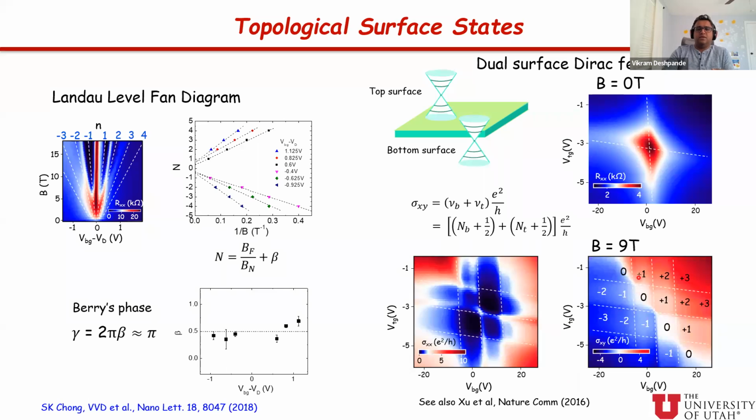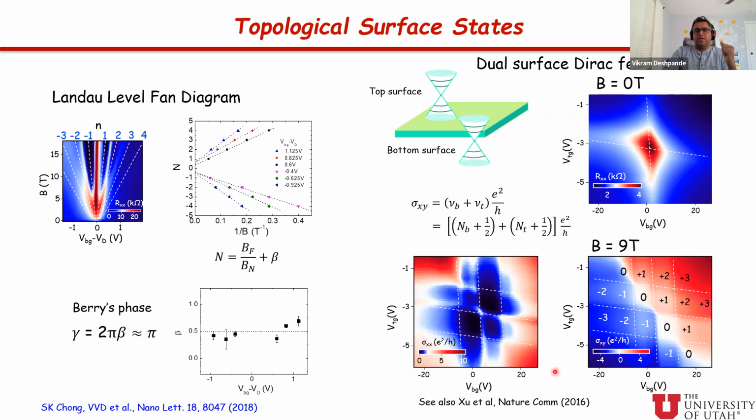You can see here a series of plateau-like features, and they're plateaus in integers, even though each Dirac surface of this material is a half-integer quantum Hall effect. That's because the two surfaces are fused on the sides, and what you're measuring here is a sum of these two half-integer quantum Hall effects, which ends up becoming an integer.